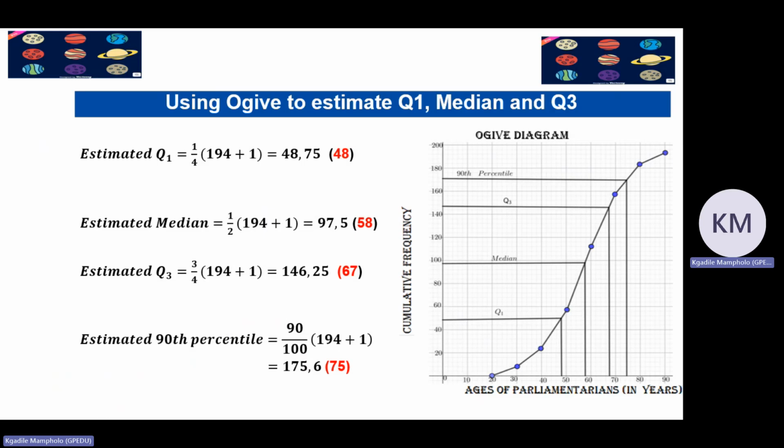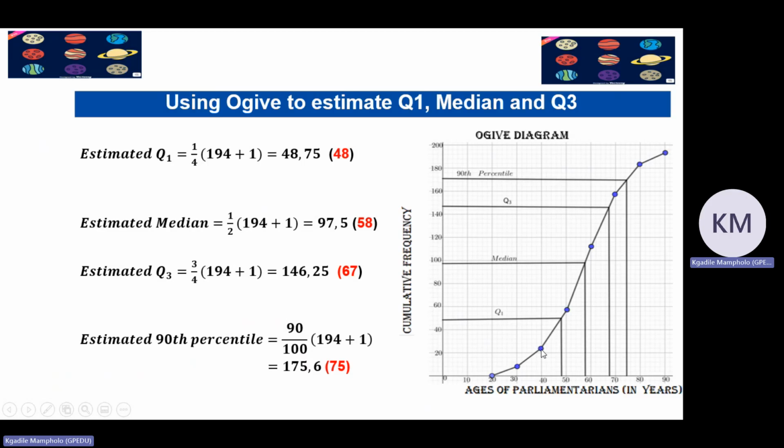And it's not always the case that they'll say calculate the values on the x-axis. You can be required to calculate the values on the y-axis, which is the cumulative frequency. If we talk about parliamentarians, they can say, estimate the number of parliamentarians who are 40 years.